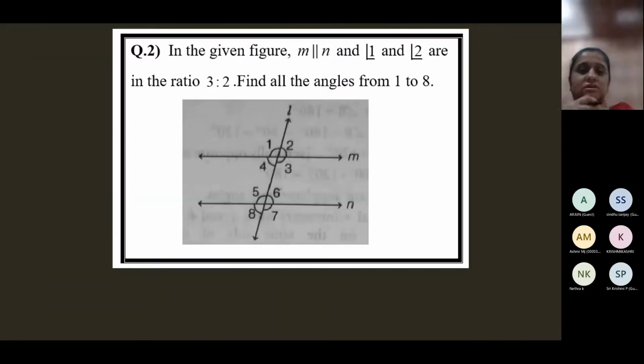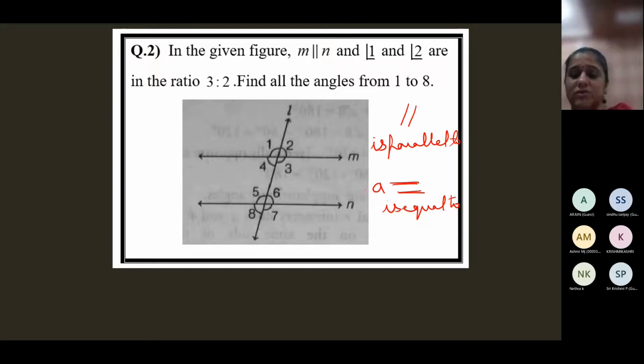Yeah, so this is the next one. So in this figure, M is parallel to N. See, that's how you read it. The symbol is read as "is parallel to." This symbol, like see here, what is this? Is equal to. That's how you read the symbol.